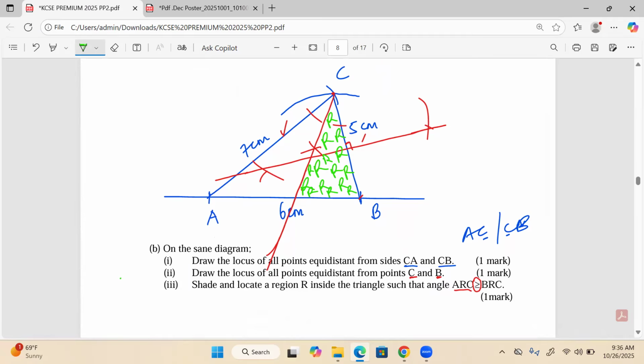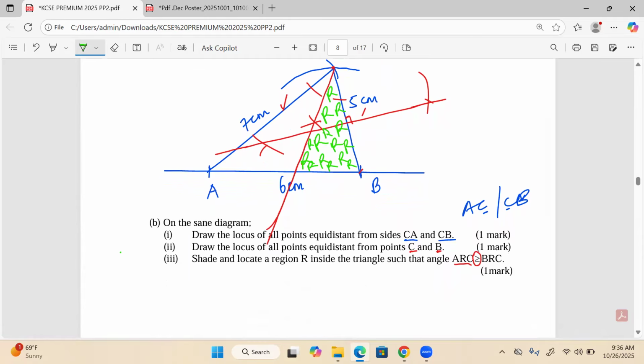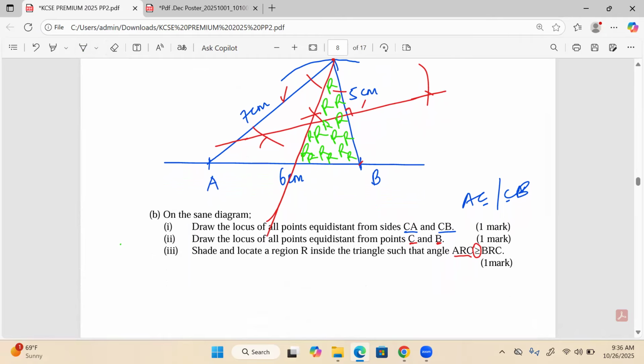For the angle ARC to be greater, we should be beyond. Wait a little bit. Okay, we're talking about AC and BC, sorry, AC and BC. So it's the bisector. Yeah, we actually follow the bisector.